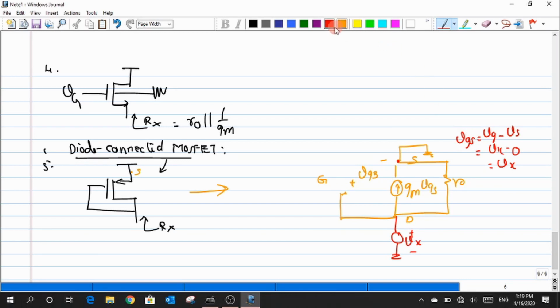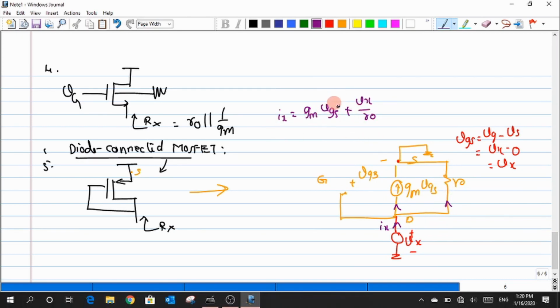Now the current Ix flows through two paths. One is this particular path, the other one is through R naught. But can there be a flow of current through this particular path? No, just because it's an open circuit. Very high input impedance in this case, due to which no current flows through this path. So I write Ix as the summation of Gm VGS plus the current through R naught, which is Vx by R naught.